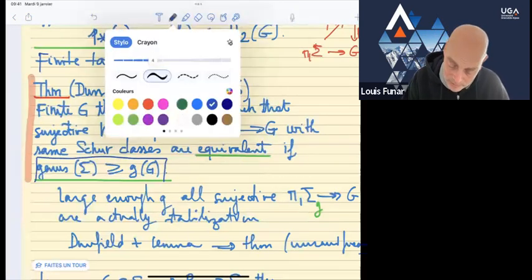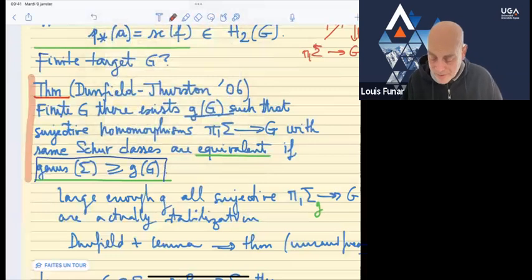So now you have a result saying that you don't need any more to stabilize, which seems at first reading very strong.